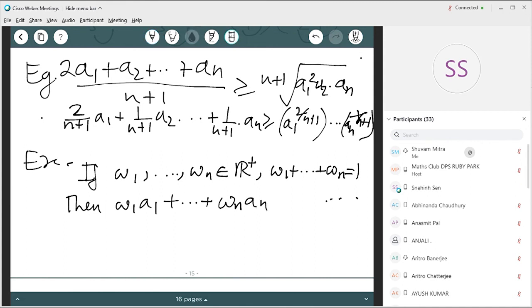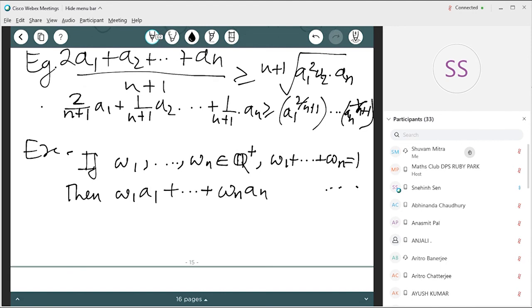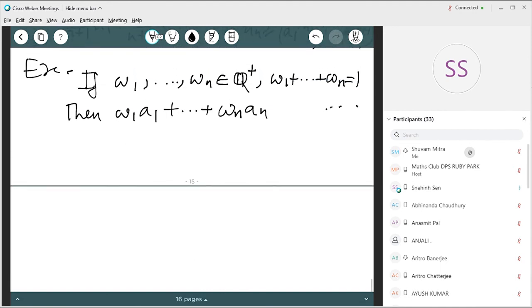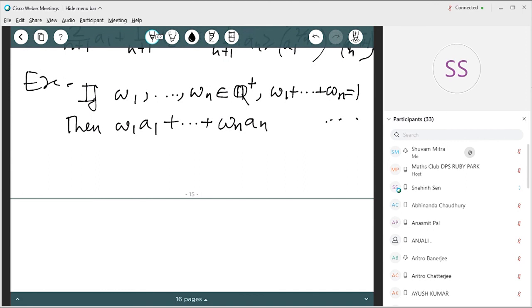Okay, sorry, I'll change the question a bit. I didn't intend this as an exercise. I intended this as an exercise: if w1 are positive rational numbers, then w1 a1 plus dot dot dot plus wn an is a mean. First of all, by mean I mean it's between the maximum and the minimum, and so is a1 to the power w1, a2 to the power w2, and an to the power wn.